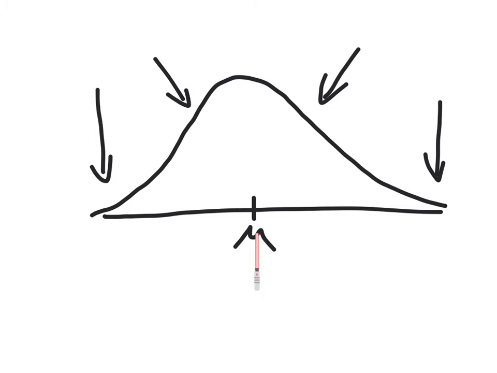So the standard deviation is how close you are to the average. A small standard deviation means you're pretty close to what a lot of people got. A large standard deviation means you're out here, and that brings you into where not so many people got this score. So you're outside.